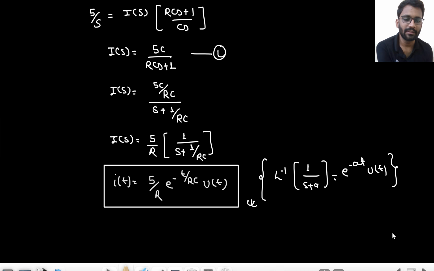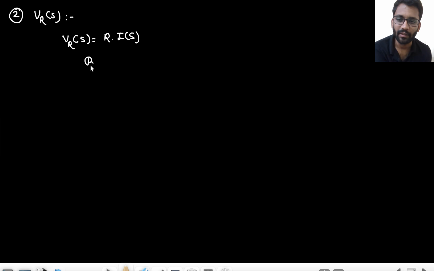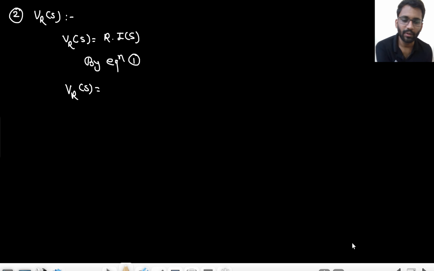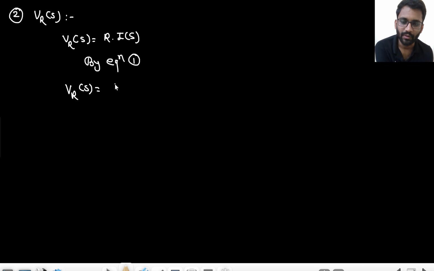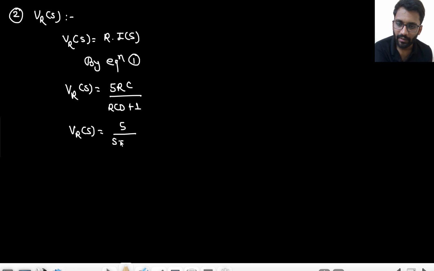Now we will just put this value by equation 1. VR(s) is R into 5C upon RCs plus 1. So it would be 5RC upon RCs plus 1. So your VR(s) would be 5 upon S plus 1 by RC.